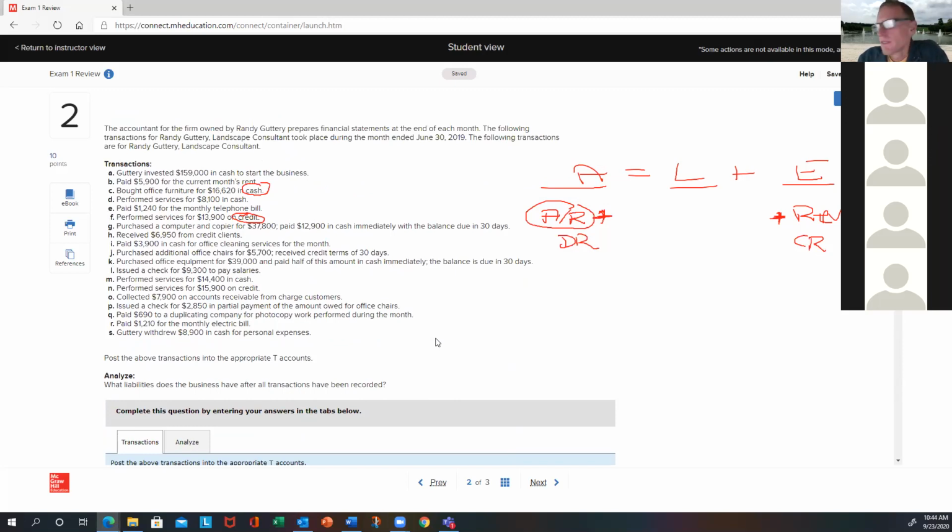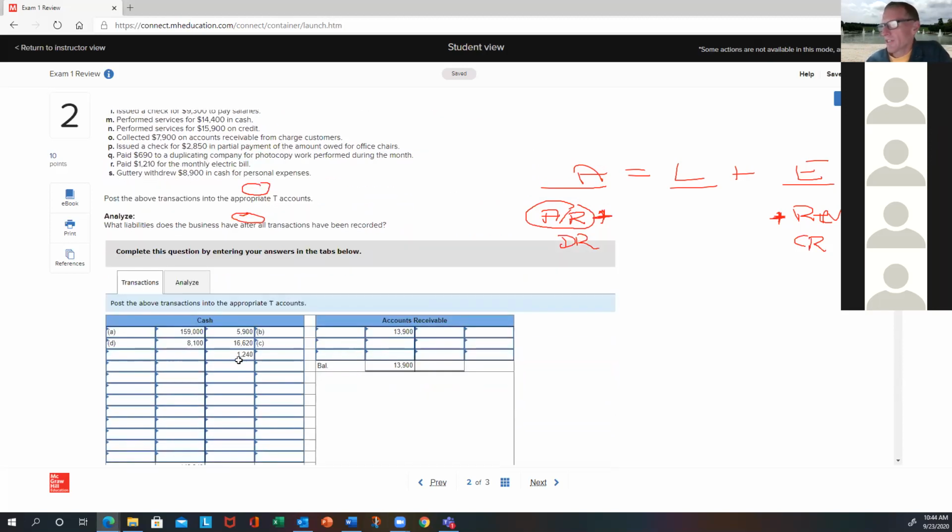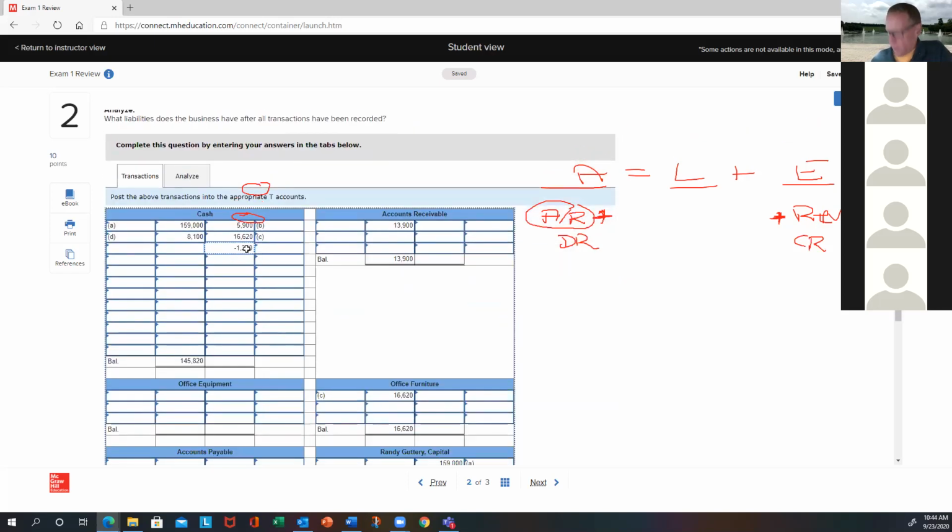That's a good point, because let's say that on the test, you went to cash and tried to put a minus 1240. Notice if I put a minus 1240, your balance changes. That could be one of those little hiccups on the exam where the system would mark you as incorrect, but I would go in and give you full credit, and say, nope, you had it on the credit side.